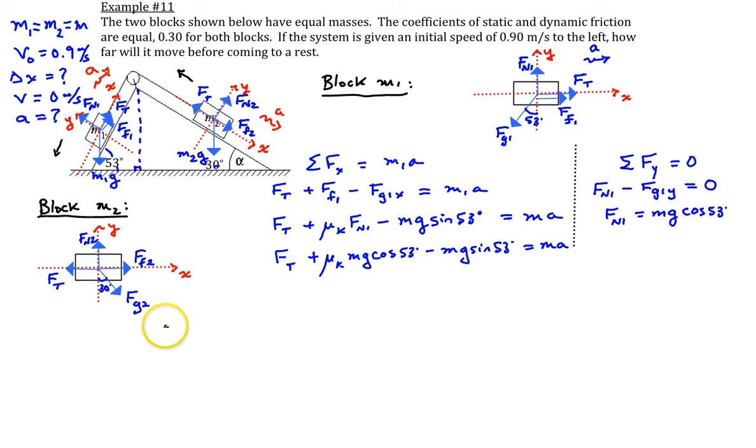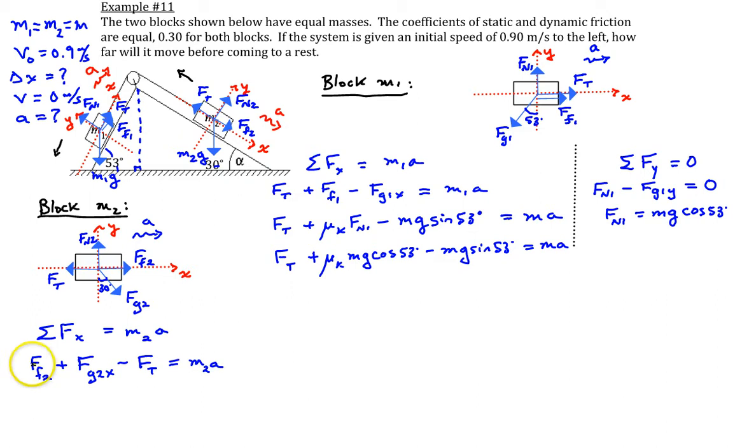Okay, so once again, we'll apply Newton's second law along the x-axis, where this is accelerating to the right here. So the sum of the forces in the x equals m2 times a, and the forces that are causing it to accelerate in that direction, we have force of friction Ff2, we have the x component of Fg2, Fg2x, and then we have the tension going in the opposite direction, so that's negative here, and this all adds up to mass 2 times a.